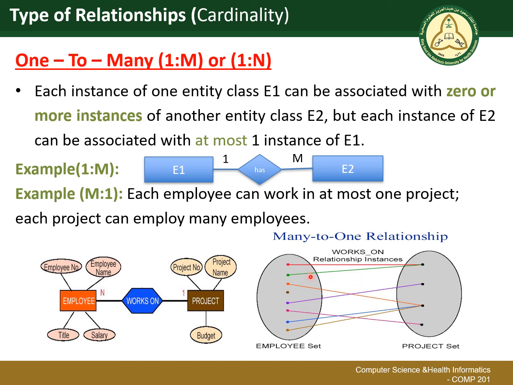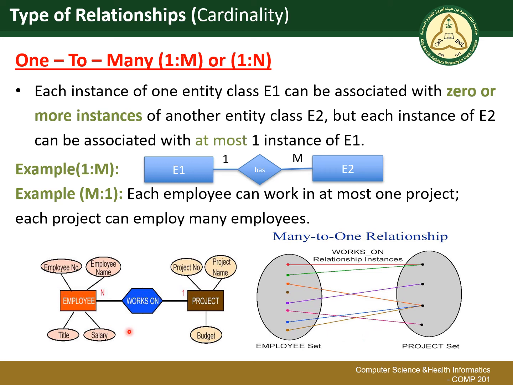So the relationship from the employee to the project is at most, it means 1. So each employee should be connected with one project or less, and each project will be connected with multiple employees because it's many employees.